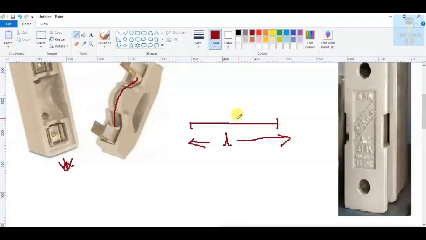This is point A and this is point B. Even when your fuse melts and there is an open circuit, due to high voltage there may be ionization of the gas, and the gas itself becomes a conductor. So an arc may be present, and because of that there may again be continuity of the conductor.